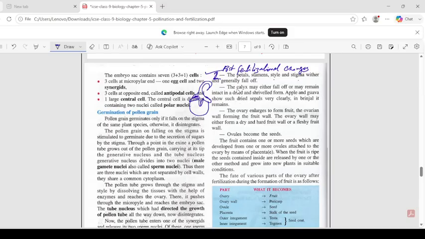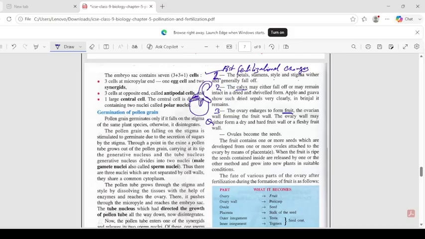So sometimes the calyx is persistent, as in brinjal. Now the most important thing you have to see here is that the ovary always gets enlarged and forms fruit. This question is asked in the examination: which part of the flower forms fruit? So fruit is developed by the fertilized ovary.